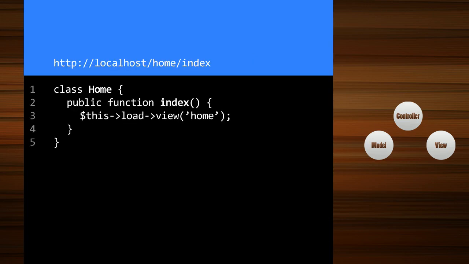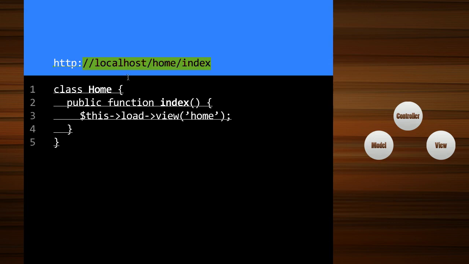Let's look at a better one. Here's one that loads the home page. Now I included /index just so that you can see it. By default, CodeIgniter will load index if you don't provide it. So you don't always have to provide a method. I'll just leave it here though. So we're loading the home controller.